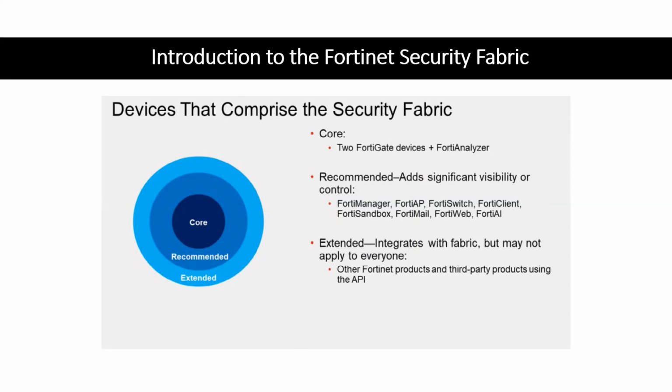I know off the top of my head you can integrate with Azure, AWS, Splunk, a lot of things. So it can be extended to other network security devices that are not Fortinet. This is what makes up that security fabric.